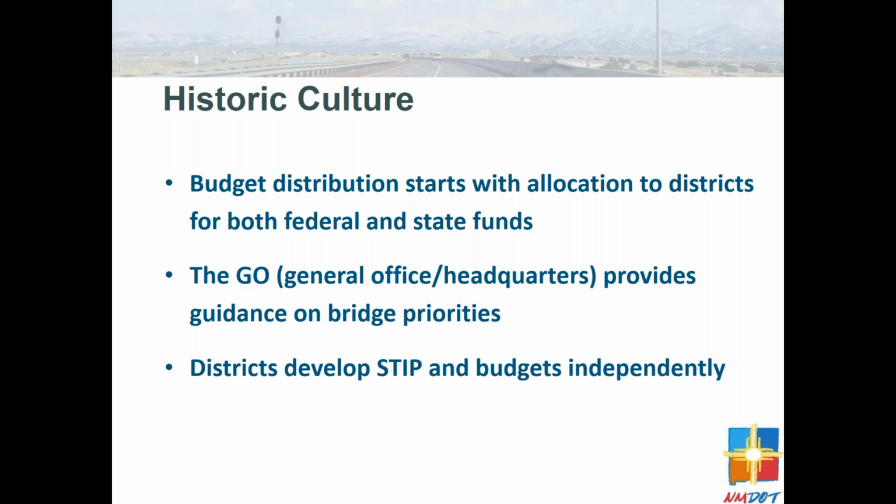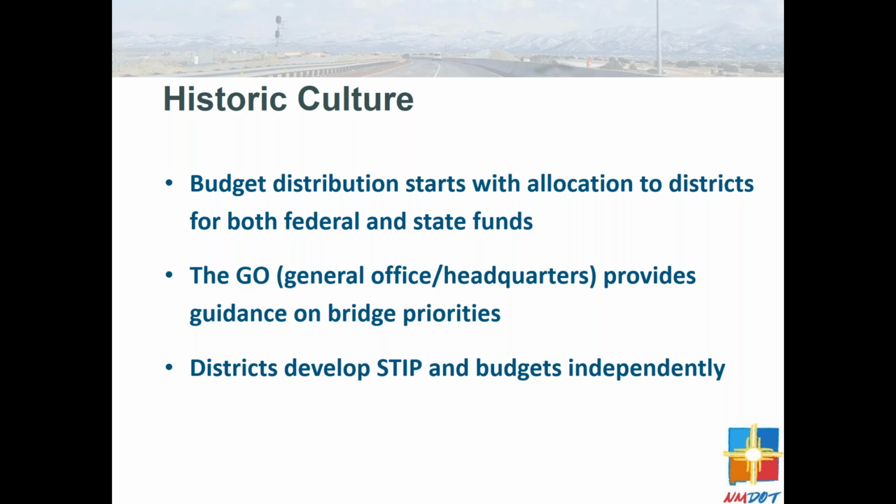And a lot of the information that we have with our federal program and in our STIP, it's all controlled by our districts. They're the ones that are identifying their projects, and they're really the ones that are establishing how we have been identifying pavements and bridges to improve.